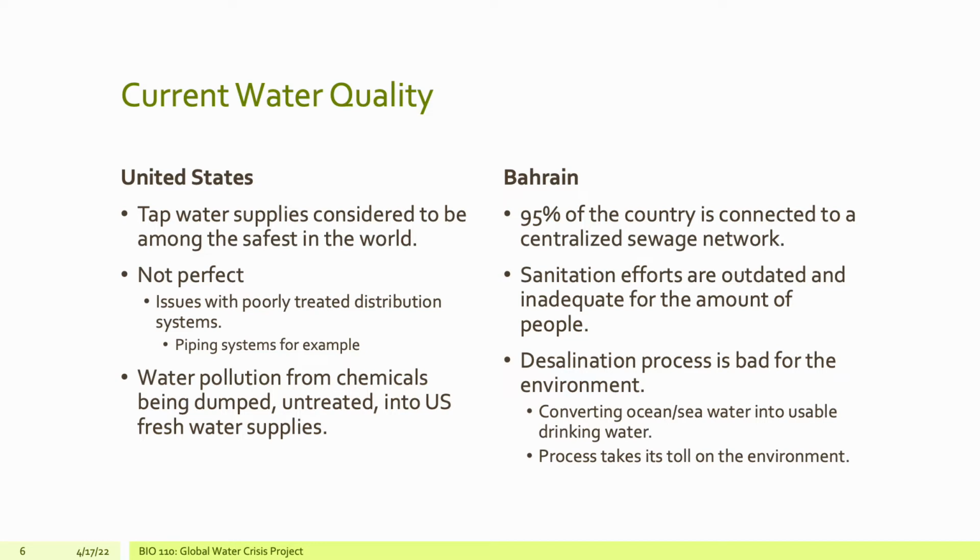Sanitation efforts are very outdated and inadequate for the amount of people. And basically, they are trying to convert ocean or seawater, or basically salt water, into usable drinking water. And that process, called desalination, is very bad for the environment. Obviously, it takes its toll on the environment.